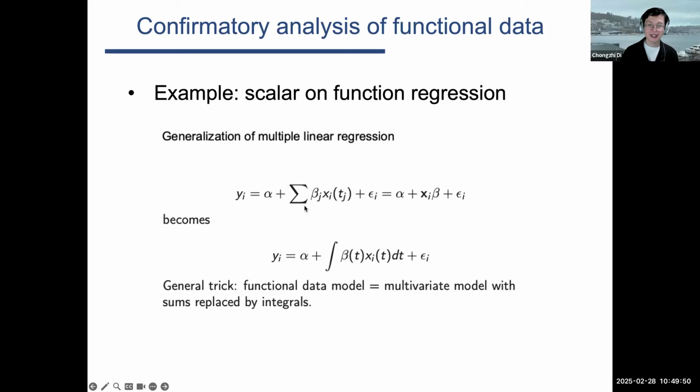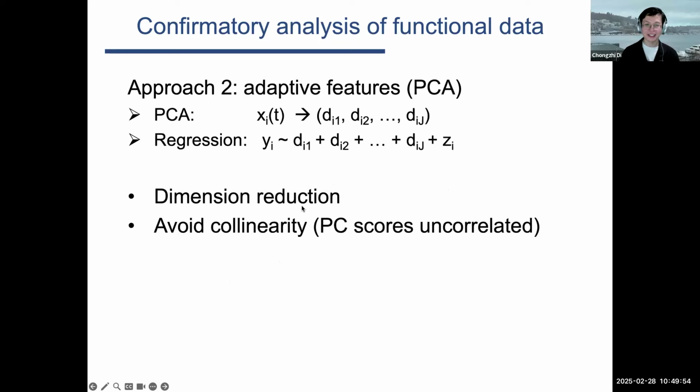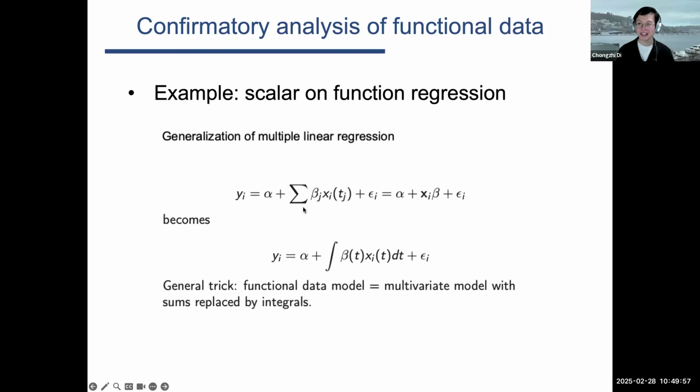Generally speaking, if you just fit this model using least squares, it's not a good idea because you have too many covariates, right? The number of covariates is sometimes even larger than the sample size, then you really run into problems. So directly running this is not a good idea.